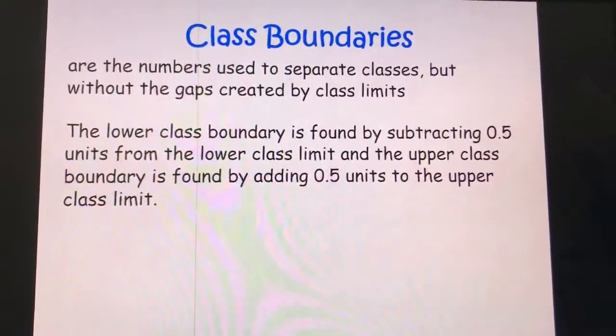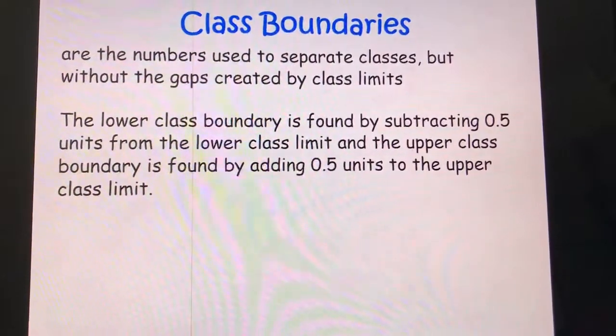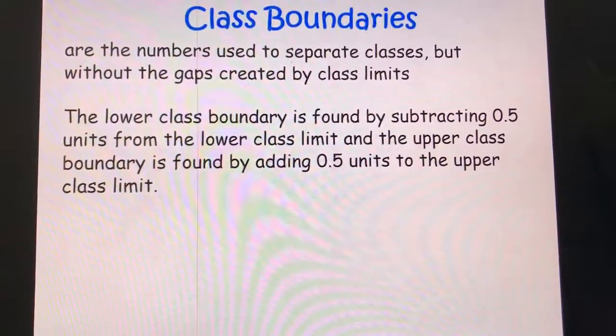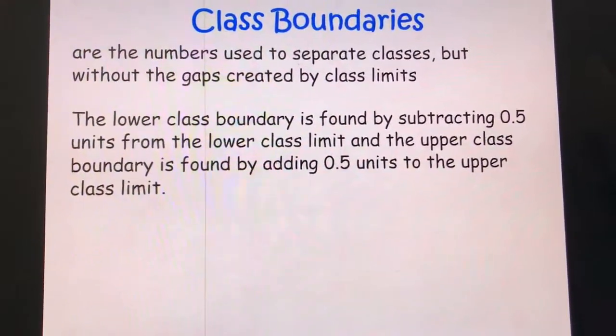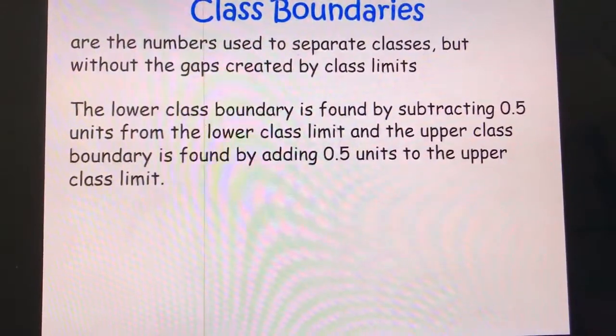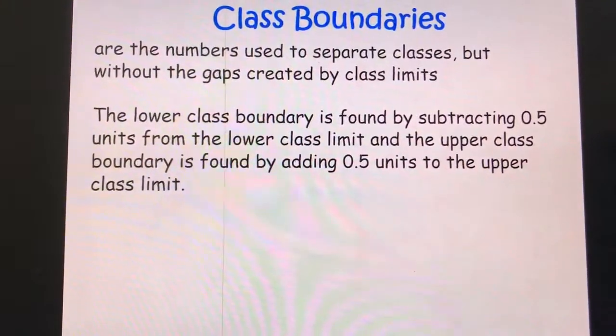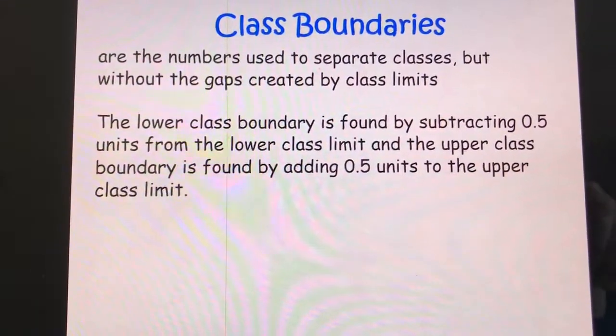Class boundaries, which there's a couple graphs that use class boundaries. Typically, I don't really use class boundaries when I'm graphing and stuff, but I think there's like one example that actually uses the class boundaries. Those are the numbers used to separate classes but without gaps.